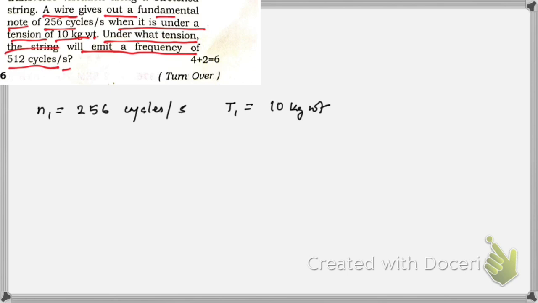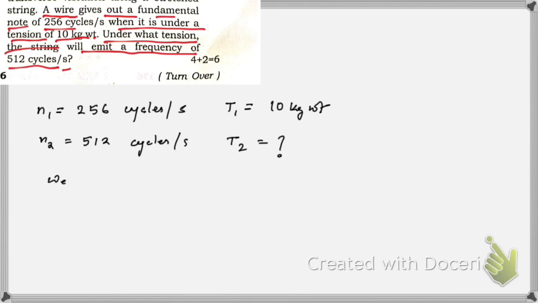And if the frequency is 512 cycles per second, then what will be the corresponding tension? We need to find it.